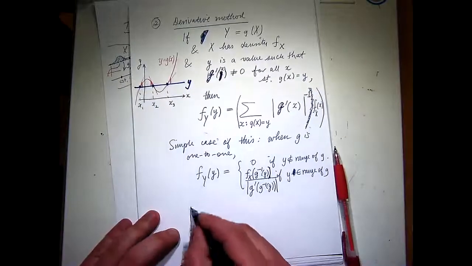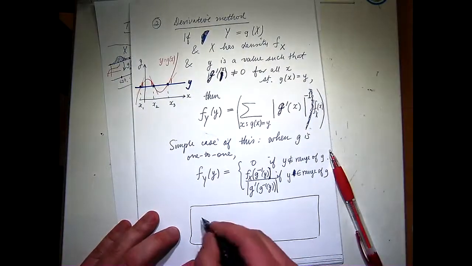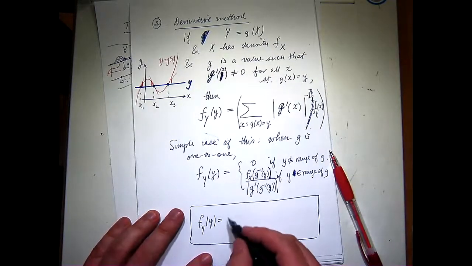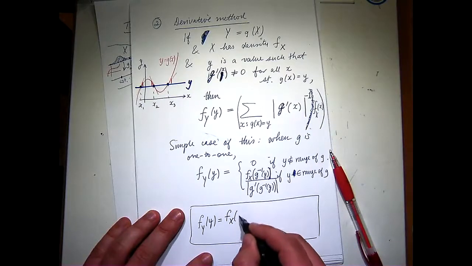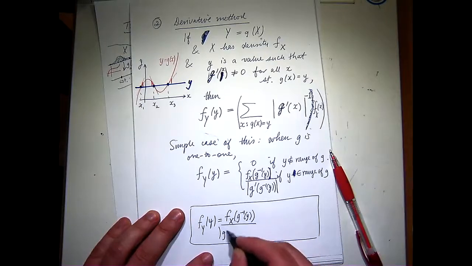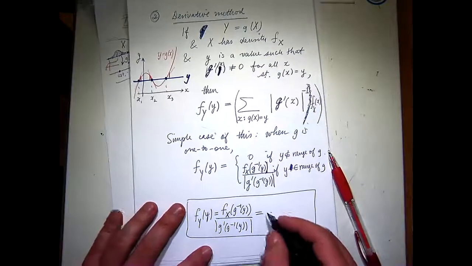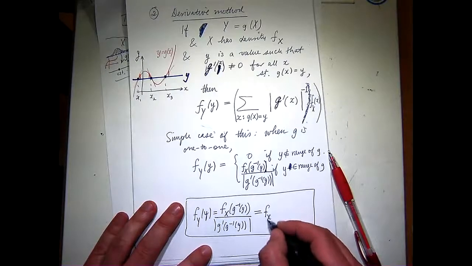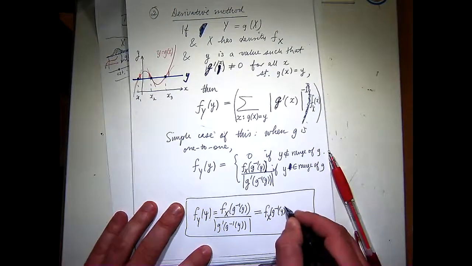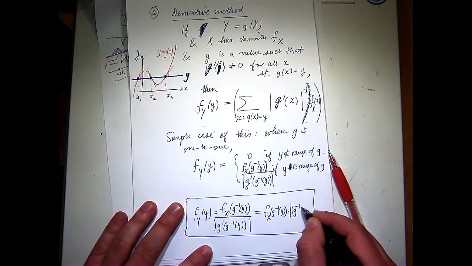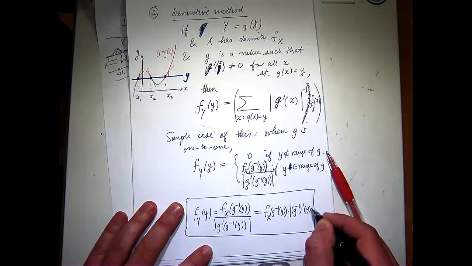So there are actually two ways of writing that. f_Y of y equals, just to abbreviate, f_X of g inverse of y divided by the absolute value of g prime of g inverse of y. If you remember your chain rule, g prime evaluated at g inverse is also related to the derivative of g inverse, so you can write it as f_X of g inverse of y multiplied by the absolute value of the g inverse derivative evaluated at y. So that's another way to say it.